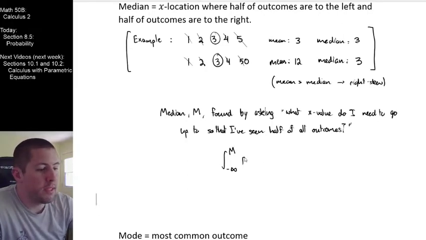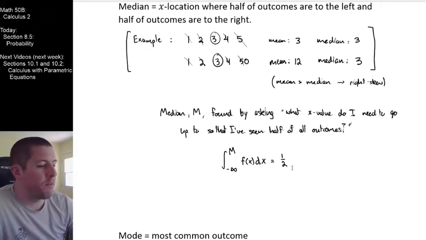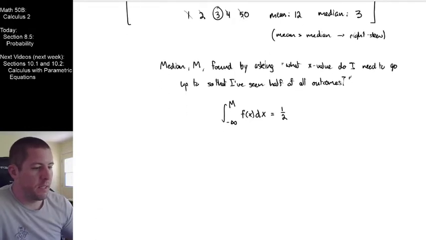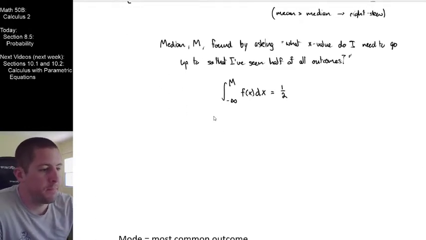I want to accumulate this area underneath my probability distribution function f of x. And how much area do I want accumulated by the time I get to the median? Half. It's the x value at which you have accumulated half of all of your area. So for our purposes here, this is just going to be the integral from -2 up to m.